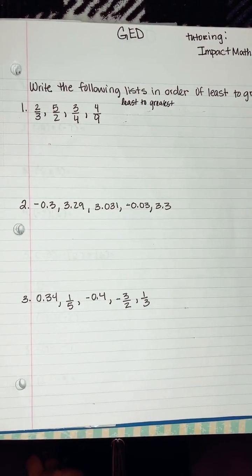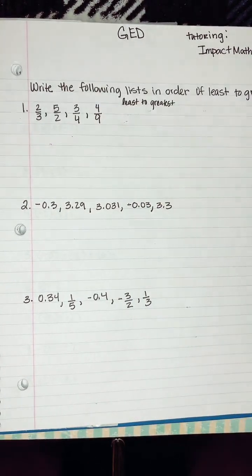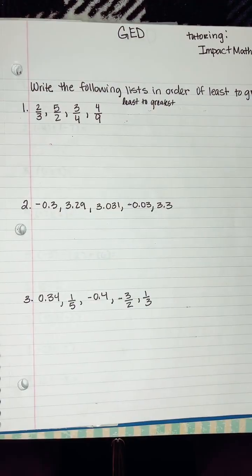So how I would do this is, for me, I change mine into decimals and then I rearrange them that way. That's easier for me. So 2/3, there's some fractions that you just have to have memorized, especially if you're taking a standardized test, the GED, the ASVAB, HESI, TEAS.